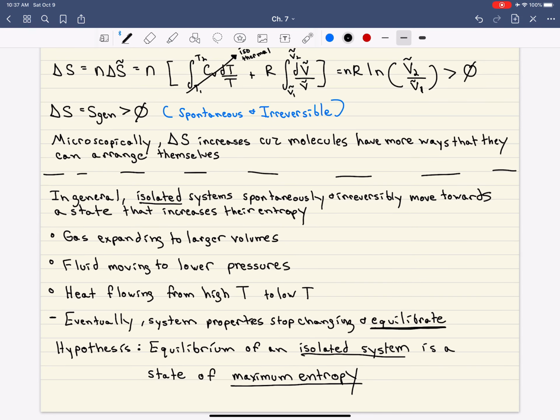Okay? All right, and so that is our hypothesis about why systems behave the way they do, why they move towards states that increase their entropy, and then once they reach a state of maximum entropy, why they don't change anymore, right? And so we're going to say that equilibrium is going to be the state in which the system has maxed out its entropy.